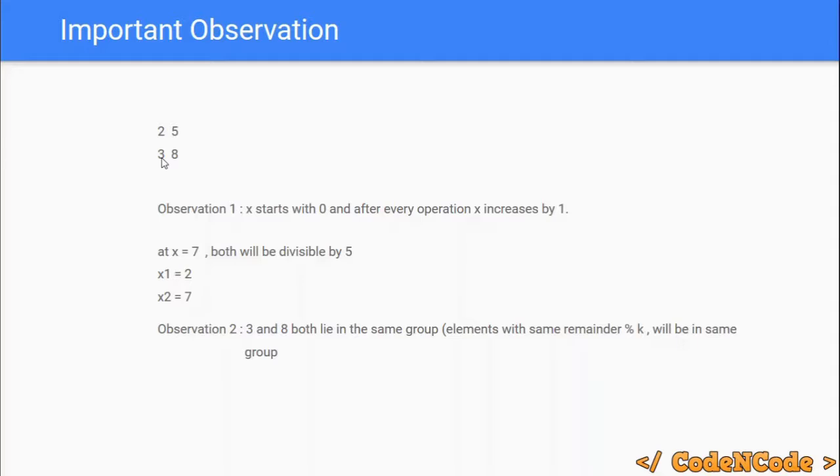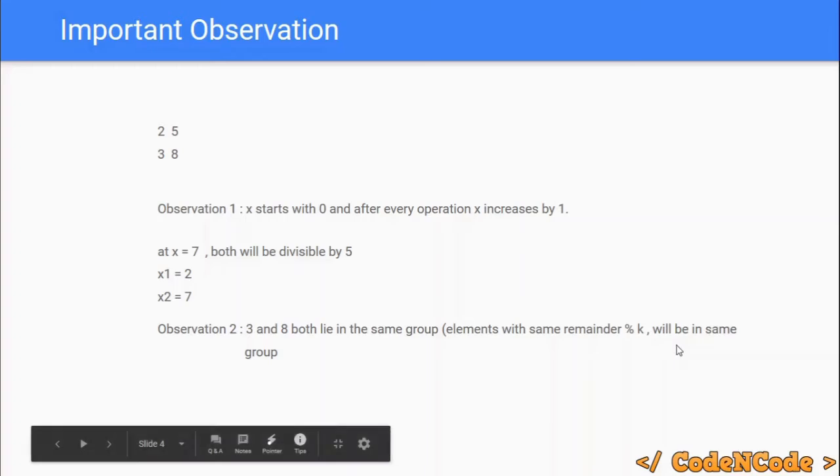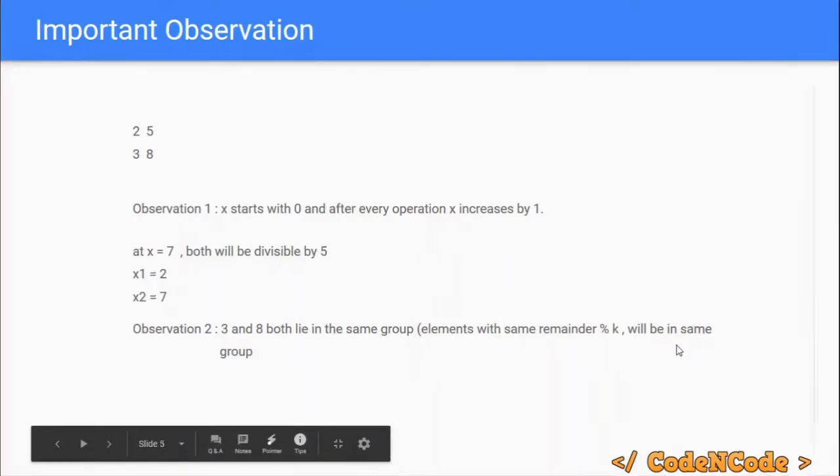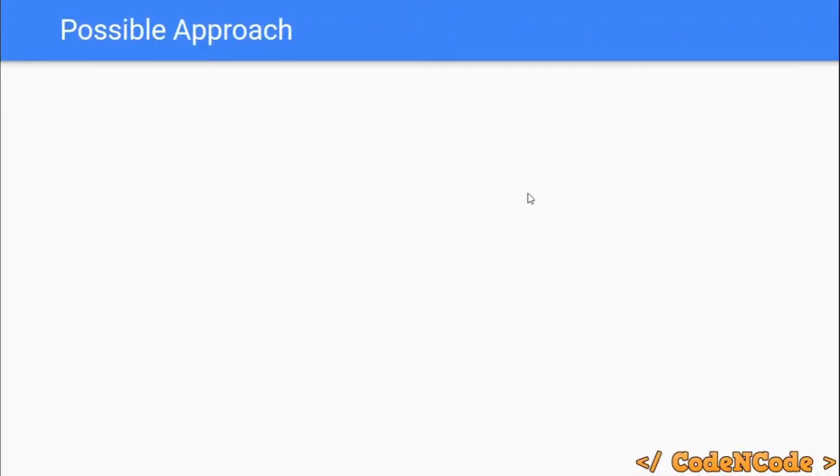So 3 leaves remainder 3 when divided by 5, and 8 leaves remainder 3 when divided by 5. So both of them are leaving the same remainder. That is why they both are in the same group. Now why I am grouping all of the elements using modular arithmetic, or remainder, I'll be showing you in a minute, and that is very important. Let me show you why we do that.